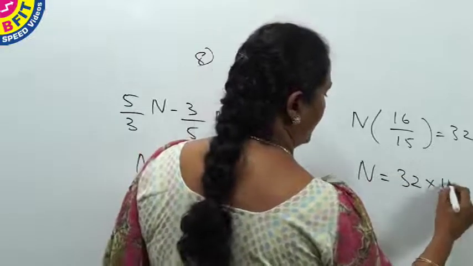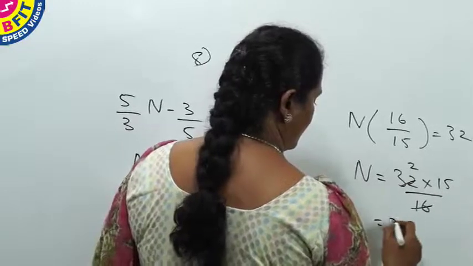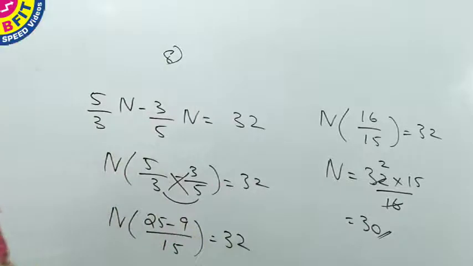So n is 32 into 15 by 16. So the number is 30.